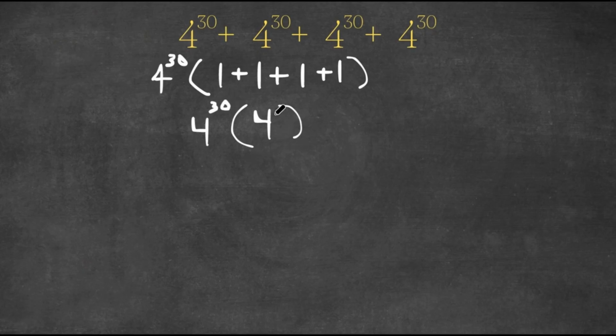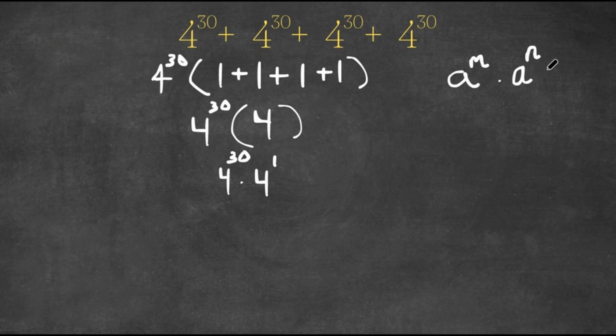Now 4 is the same thing as 4 to the power of 1. So now we have 4 to the power of 1 times 4 to the power of 30. And when we're multiplying exponents, let's say we have a to the power of m times a to the power of n, this is actually equal to a to the power of m plus n.